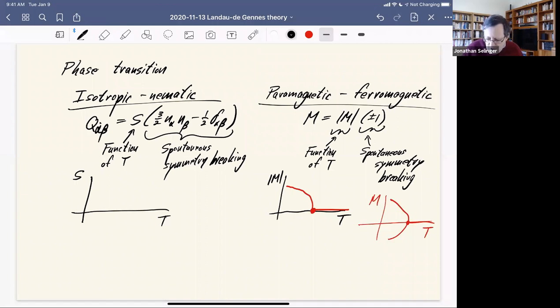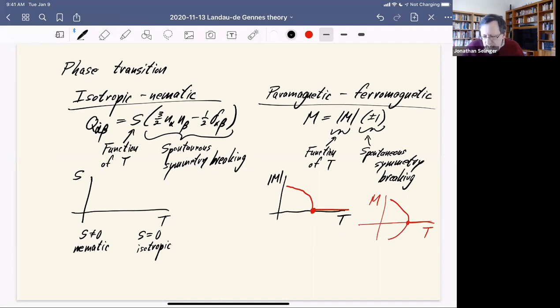And in particular, I want to see how does it go from S equals 0 at high temperature to S not equal to 0 in the nematic phase. Right, so S equals 0 is the isotropic, S not equal to 0 is the nematic phase. Okay, so how can we do it, right? How can we calculate this?